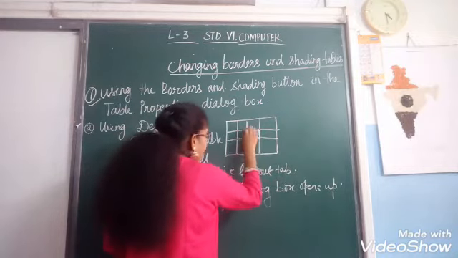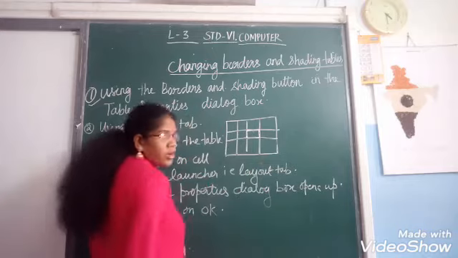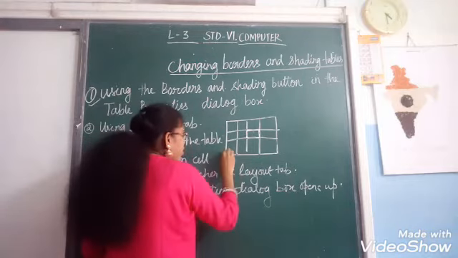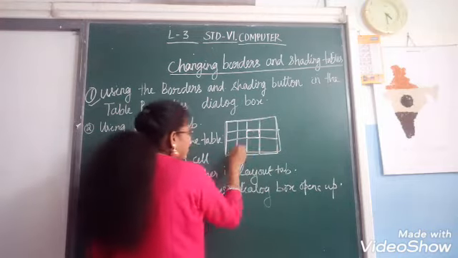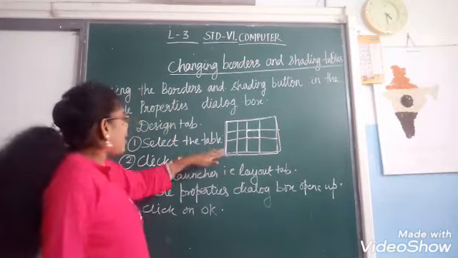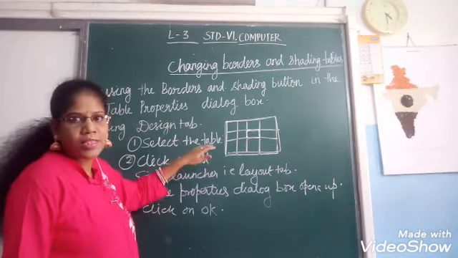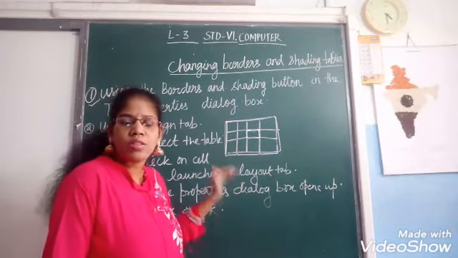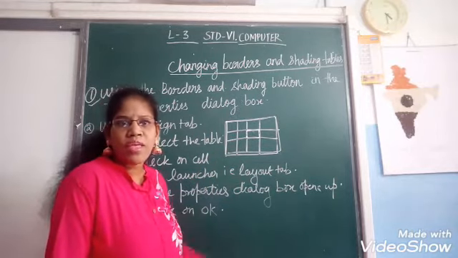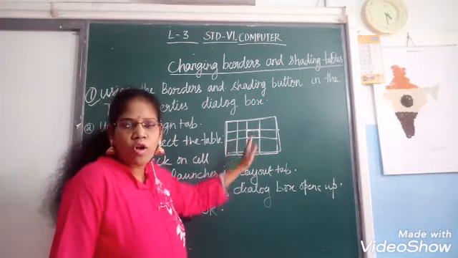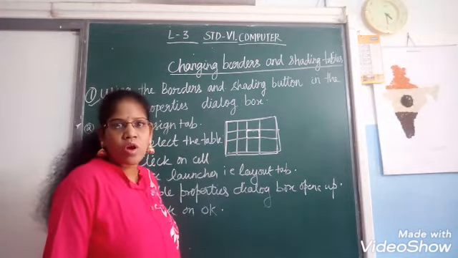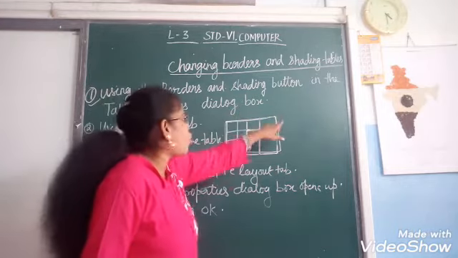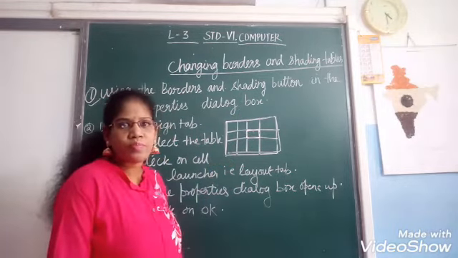So, I have selected this table. Then I went to the cell size launcher in the layout tab, and once I clicked on it, the table properties dialog box opens up. There I choose which border I want to give. Then I clicked on OK. So the table border has been changed.